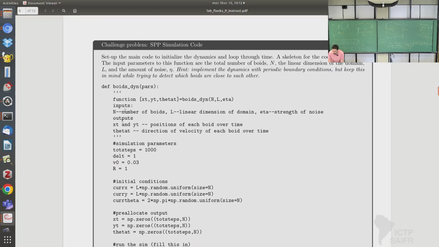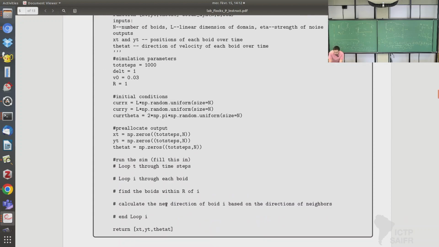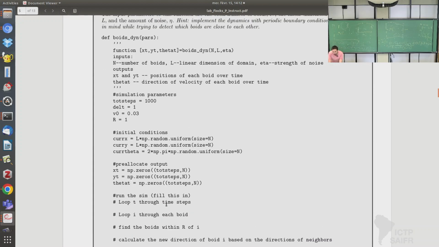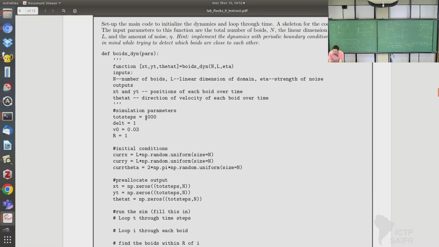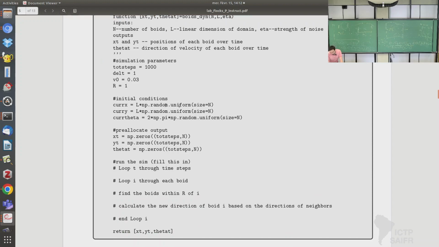If you go to page 5, this gives you the snippet for how to initialize the function that integrates your simulation, basically. So you have a function that takes some parameters and okay, defines some other parameters inside, which is not super elegant, but okay, whatever.